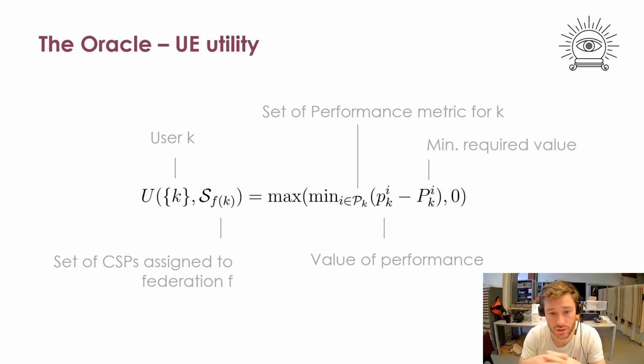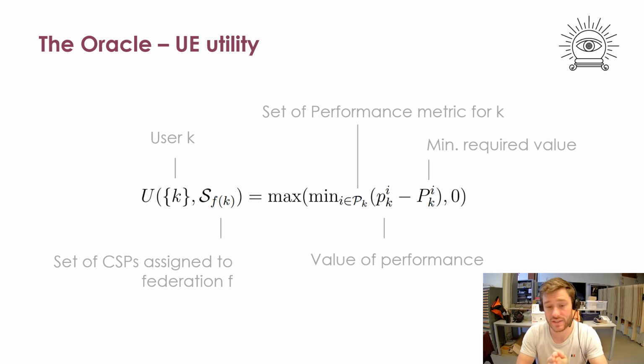So first, we'll check the user equipment utility. We define it here, where U stands for utility. We have a user which has some CSPs assigned to it, a specific federation for that user.